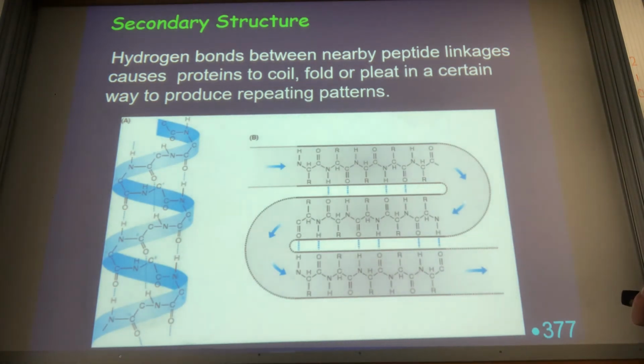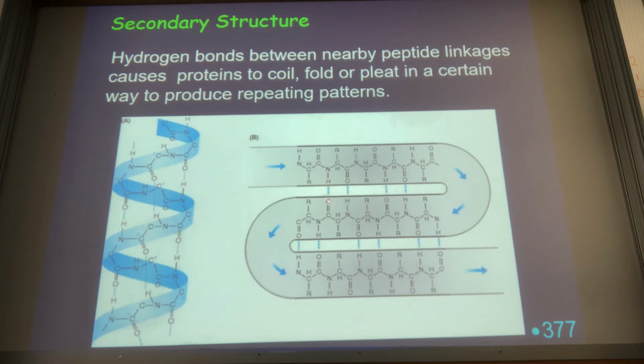Secondary structure are repeating patterns of structure, producing repeating shapes in the protein chain. Now they're caused because every peptide link contains a hydrogen bonding group. That NH on the secondary amine is a hydrogen bonding hydrogen.